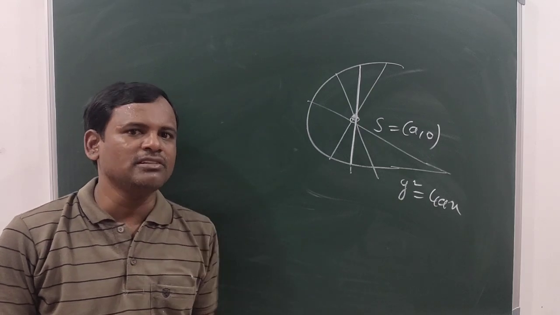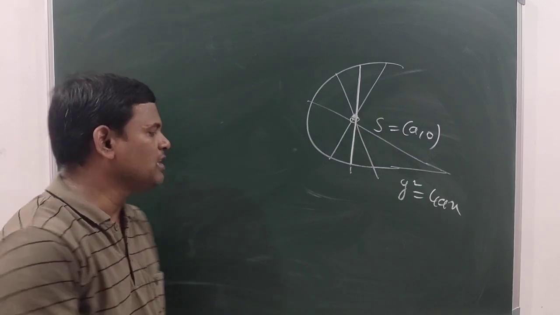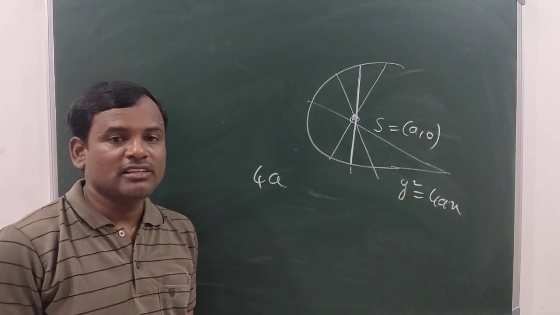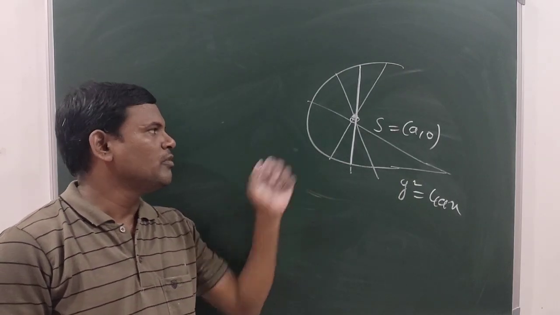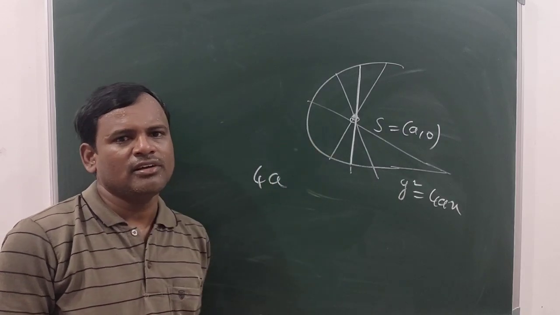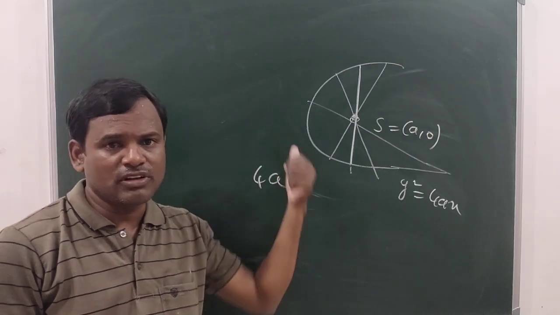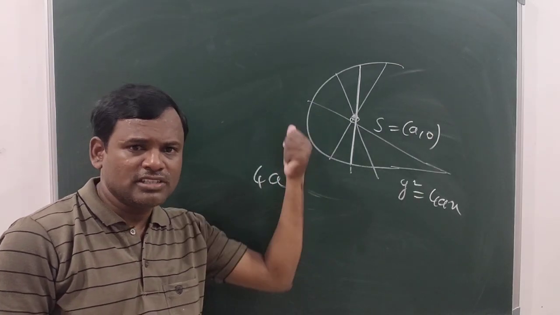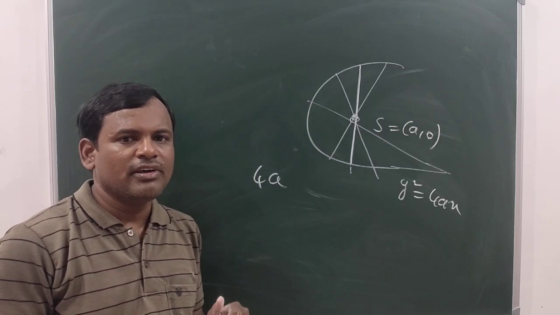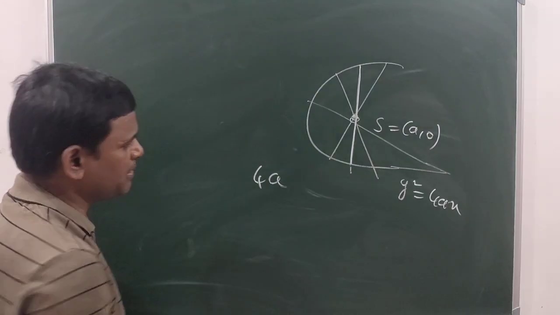What is the minimum length of the focal chord? Latus rectum only, whose length is known to us, 4a. The length of the minimum focal chord is 4a. The latus rectum is also one of the focal chords because it passes through the focus, no? So its length is smaller than the length of other chords. Observe that point.